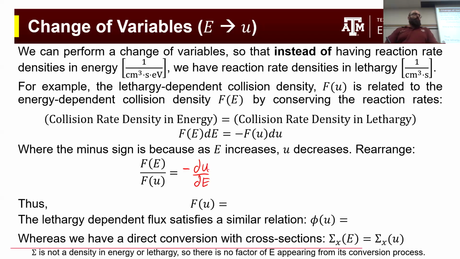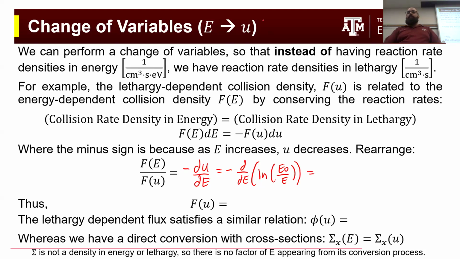And we have a definition for the lethargy U in terms of the energy E, right? By definition, I have negative d by dE of that lethargy U, and that lethargy U is the ln of E0 over E. This derivative might look complicated because it's the derivative of a natural log with a fraction.